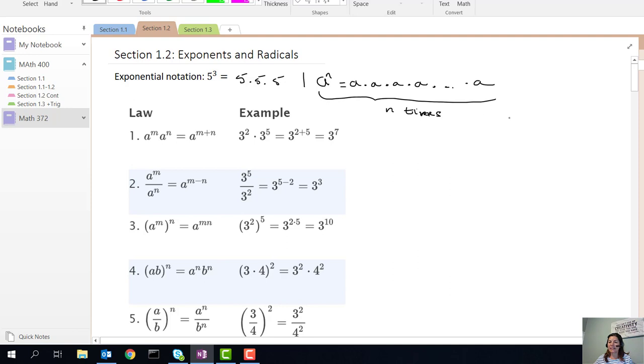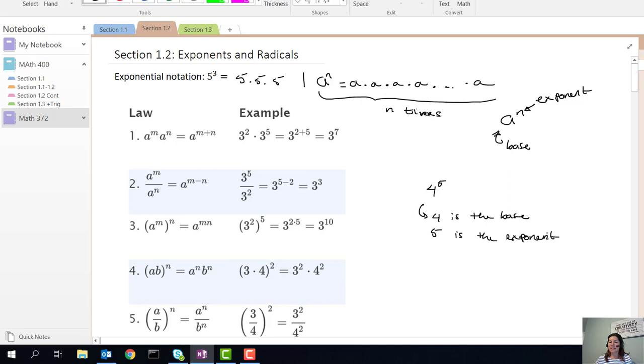So in this case, in a to the n, a is called the base of the exponential, and n is the exponent. So when I write 4 to the fifth, 4 is the base, and 5 is the exponent.